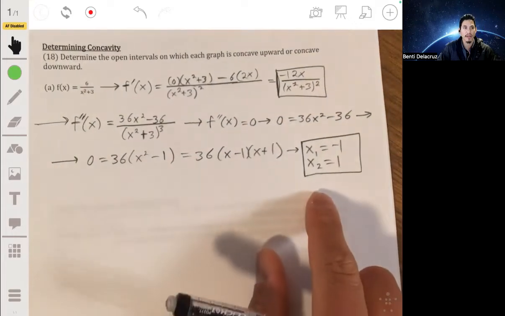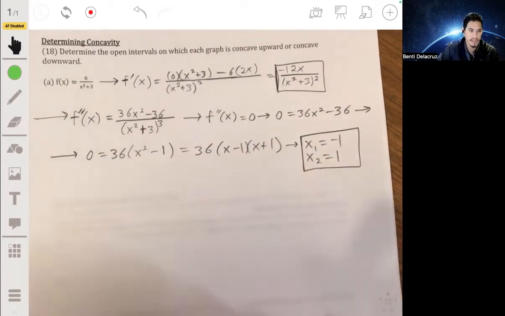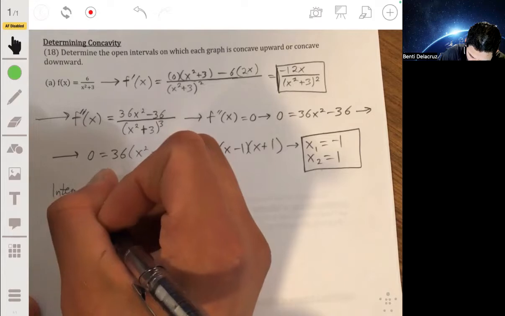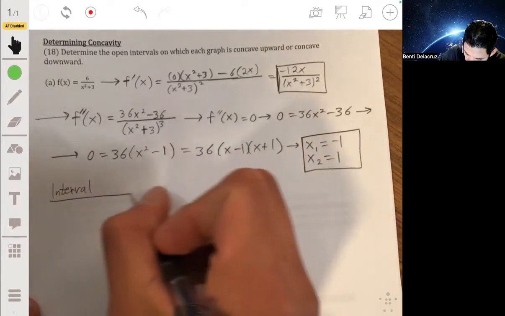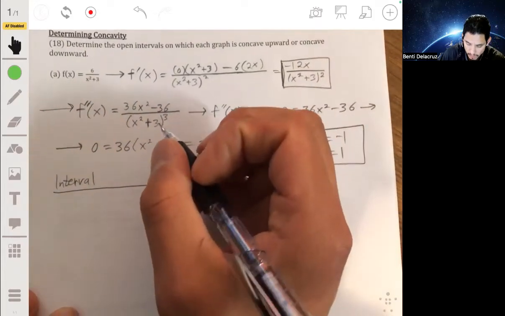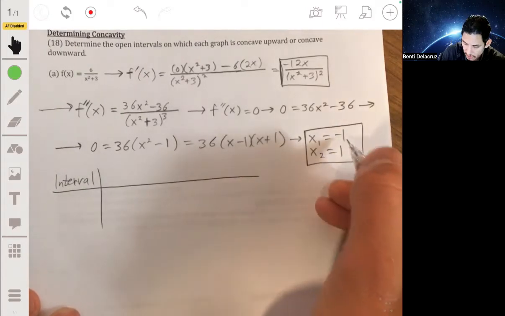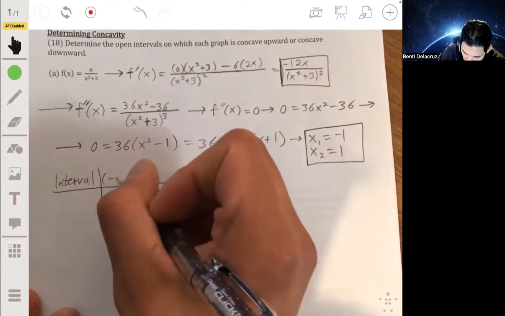So we're going to break our intervals up at these points. Let's set up a table. I like to set it up this way. Interval on top. We're going to go from -infinity to -1, -1 to 1, and 1 to infinity.